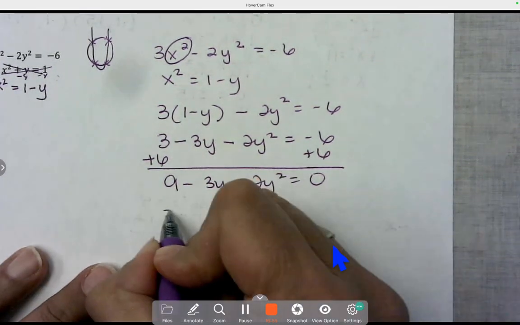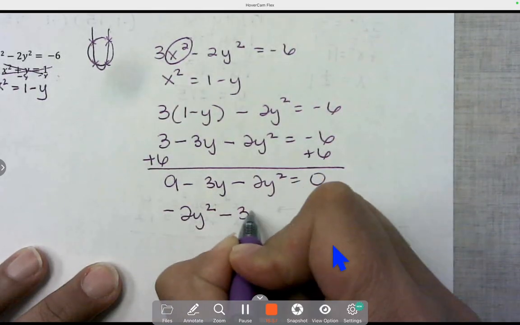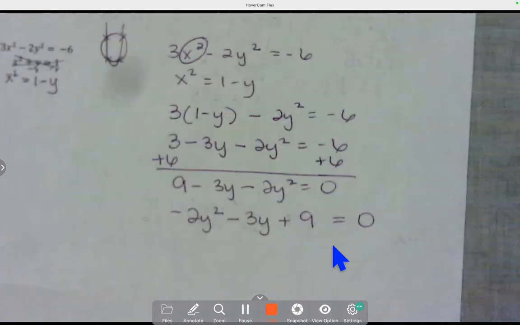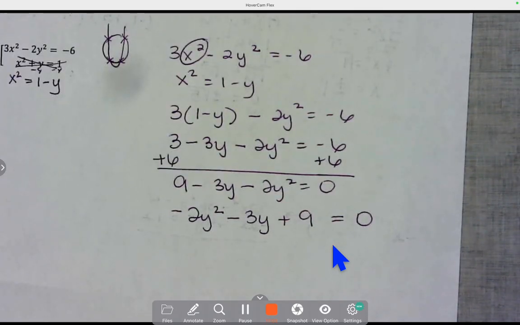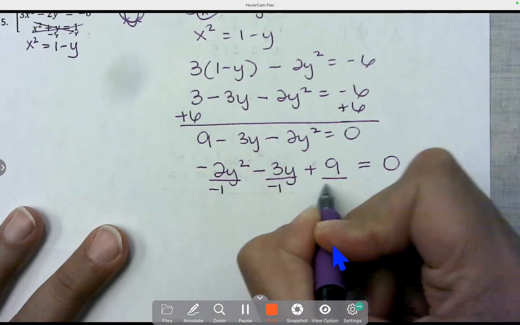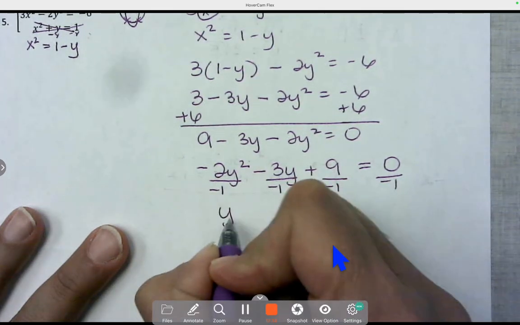So I have negative 2y squared minus 3y plus 9 equals 0. Now we're going to divide everything by negative 1 because I don't want this first term to be negative.